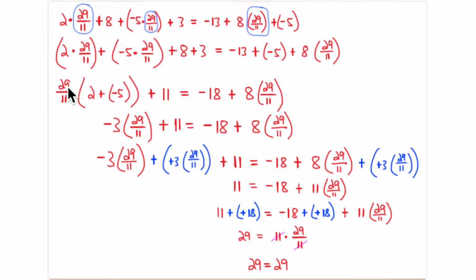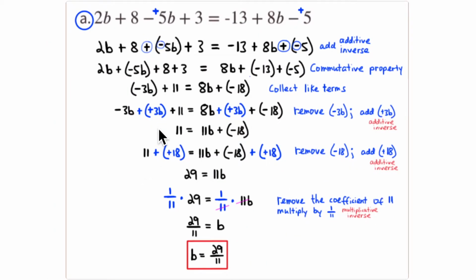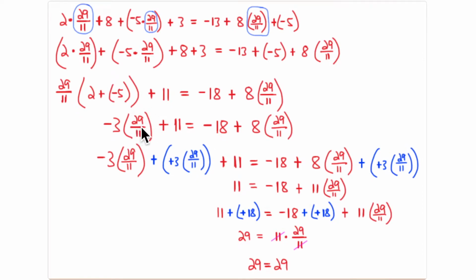I'm taking that out, dividing by 29/11 basically, and I'm left with 2 plus negative 5, which means I'm going to have a negative 3 times 29/11. That's no different than back here than having a negative 3b right here. Negative 3b, negative 3 times 29/11. So plus 11.